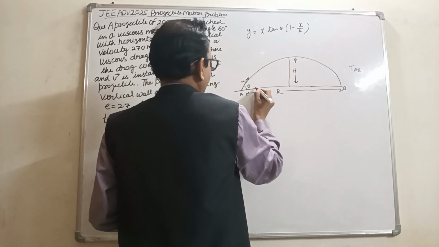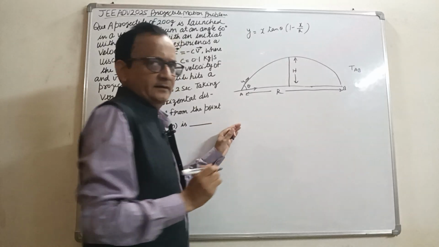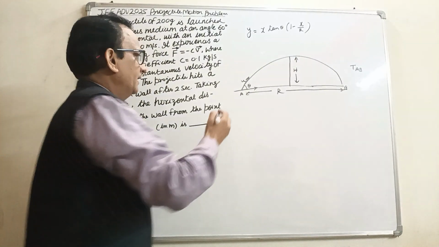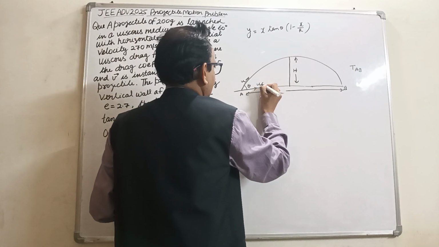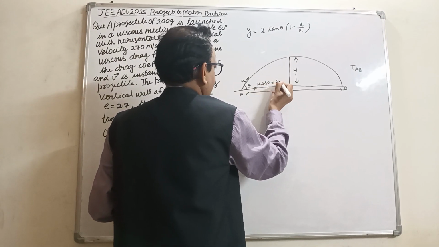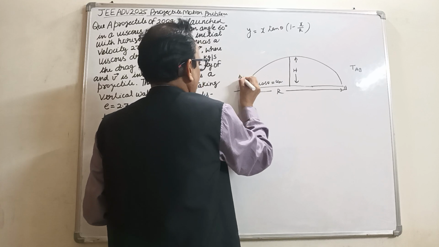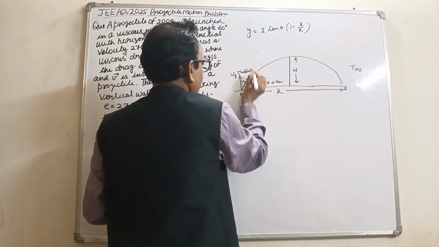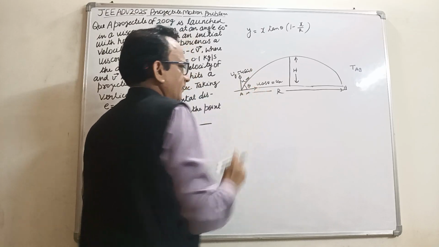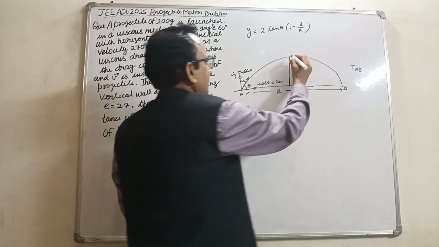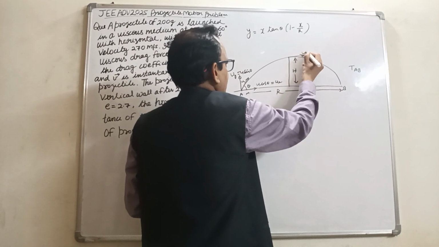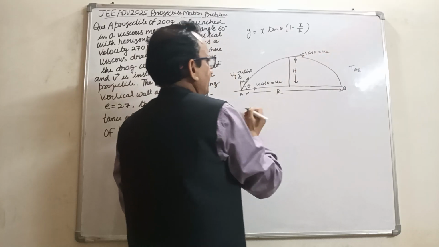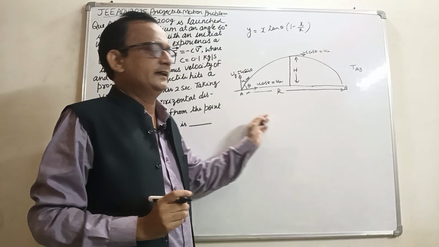If we assume there is no friction in the atmosphere, this is u cos theta, which is ux, and this would be uy, which is u sin theta. The horizontal component of the velocity does not change, so ux equals u cos theta is always constant if we assume there is no friction in air.